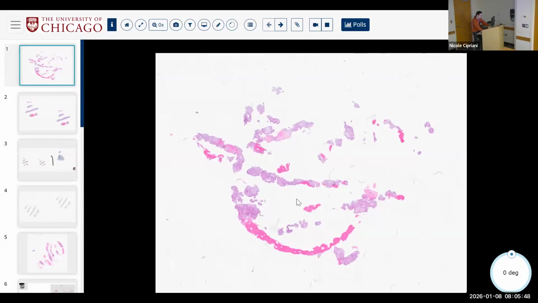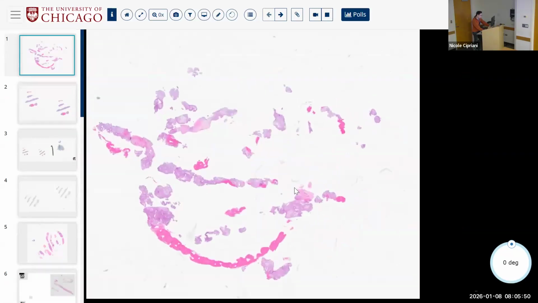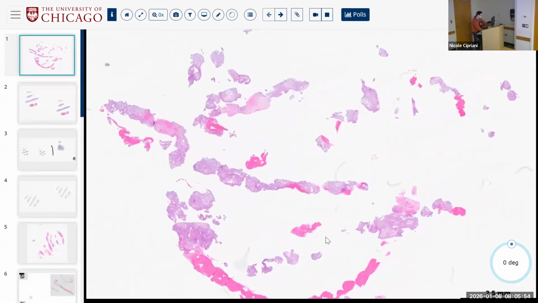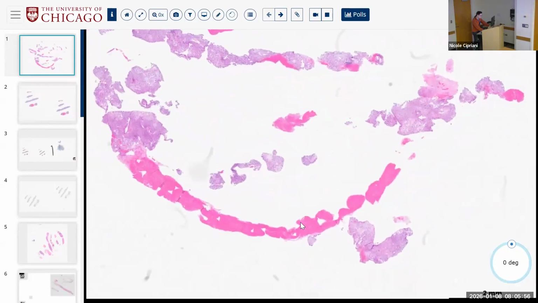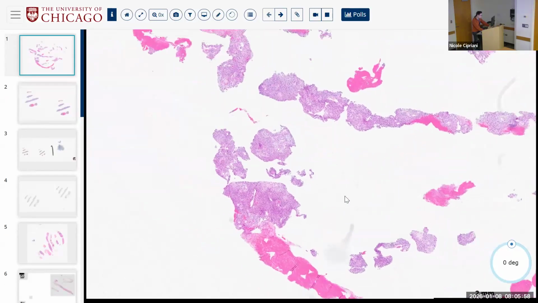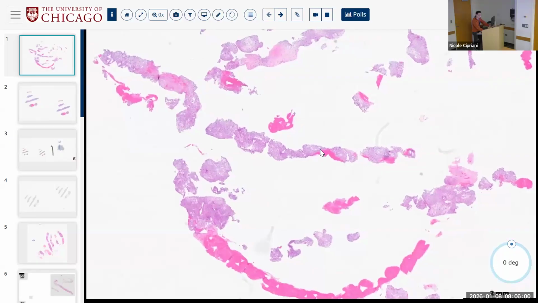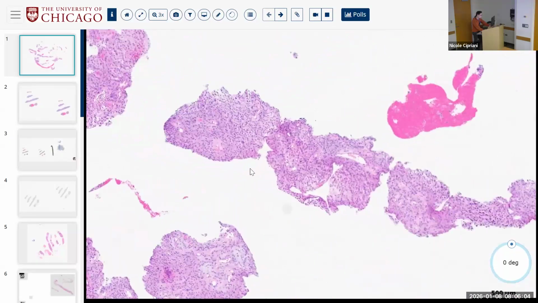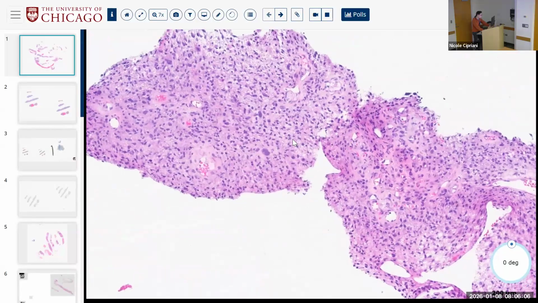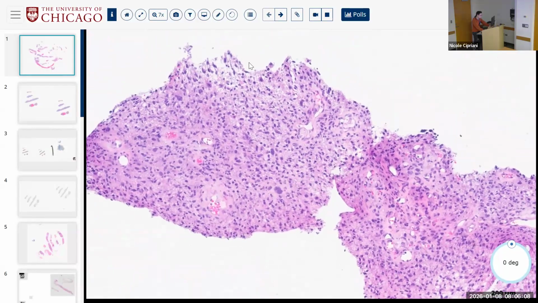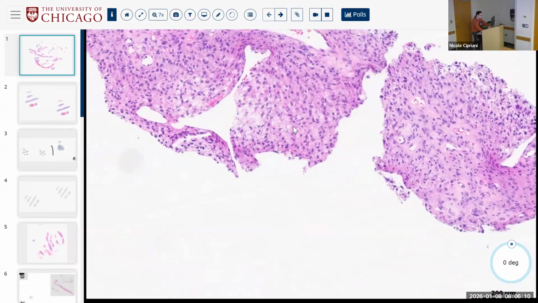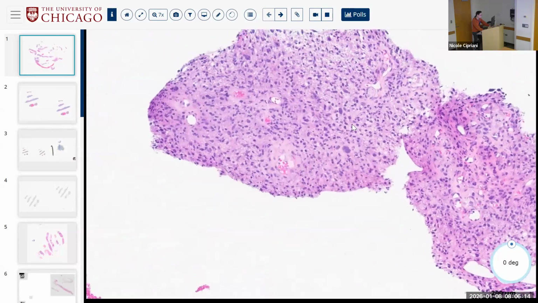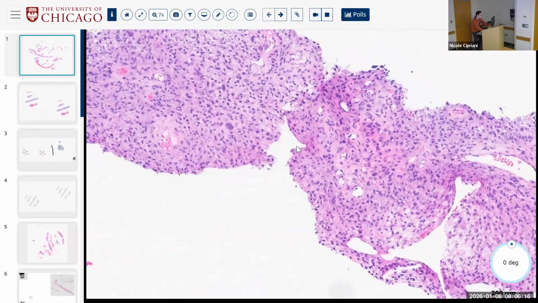Okay, go James. It looks like we have fragments of a core biopsy here. On low power, I'm not seeing any skin, so I feel like we're pretty deep. The first thing that strikes my eye on low power is this very cellular lesion with some prominent vessels.